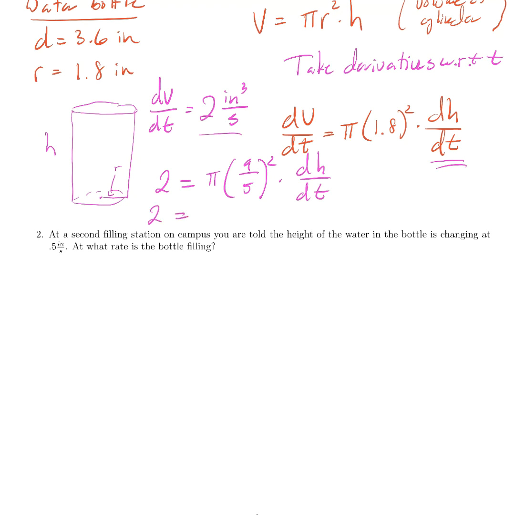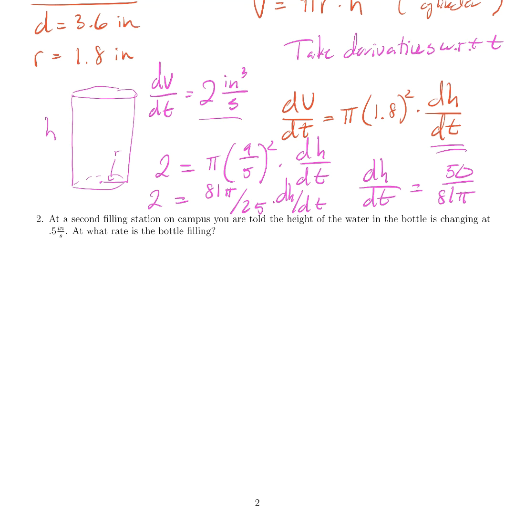So we have 2 equals 81 pi over 25 times dh/dt. If you multiply by 25 over 81 pi to find dh/dt, I think we get 50 over 81 pi. And what would the units be for dh/dt? Well, the height is measured in inches, so this would be inches per second.